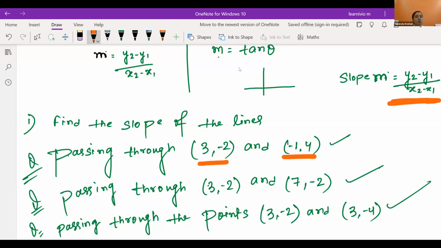Okay, you just need to put the points and tell me what is the m value for the first question, the second question, the third question. Everyone is doing the same thing, please do it. Okay, ma'am. I'm coming to the explanation part, what exactly is the slope and all, but first find it.